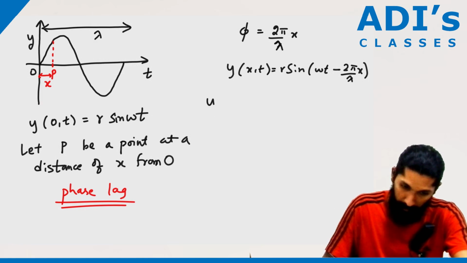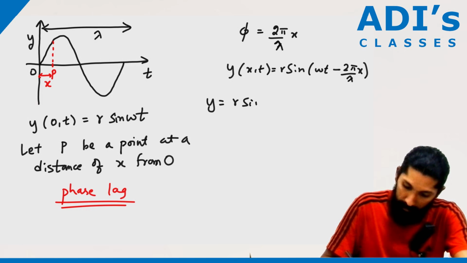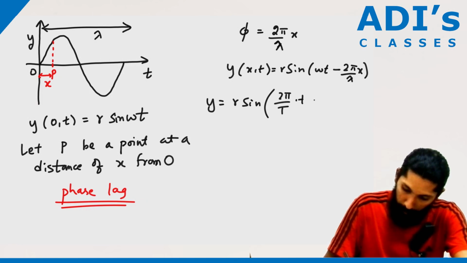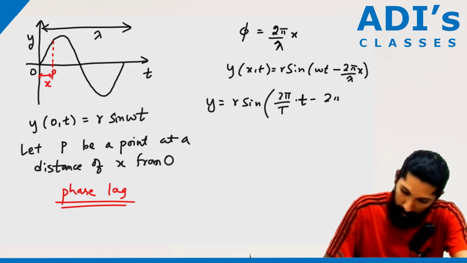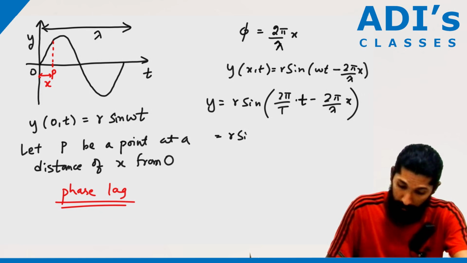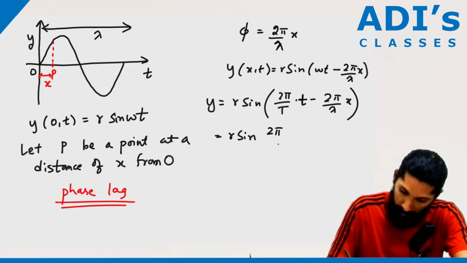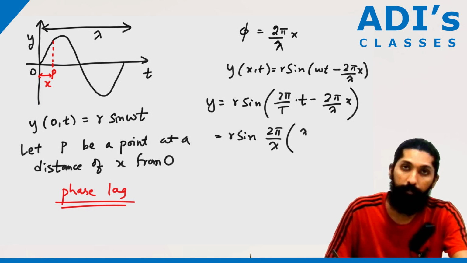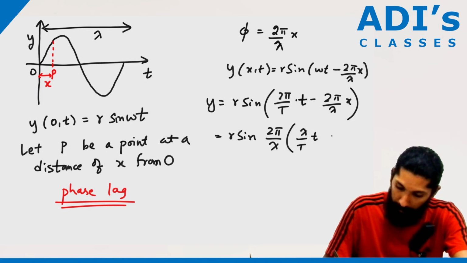Okay, now the next thing, omega, we'll write this as y is equal to r sine of 2 pi by T into t minus 2 pi by lambda into x. Let's take 2 pi by lambda outside. Then this is going to become lambda by T into t minus x.